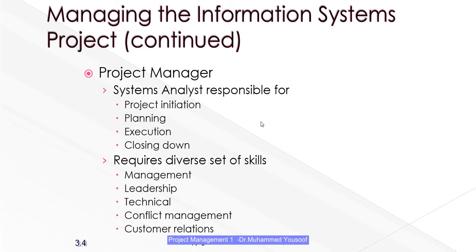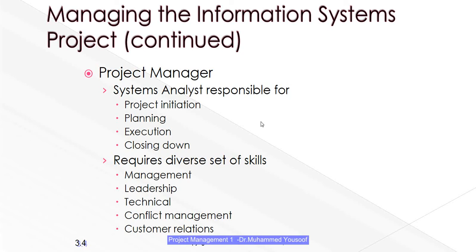So now let's talk about the persons who are involved in the management of the project. We call the person the project manager, and sometimes he is also referred to as the system analyst. The system analyst is responsible for these 4 important tasks, and these are also the 4 important steps that you are going to have in the information system development.